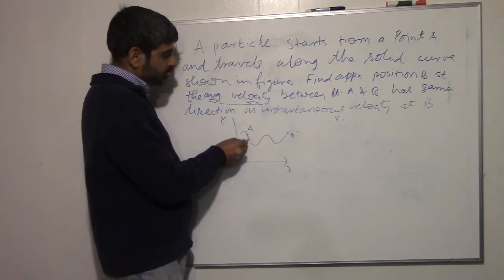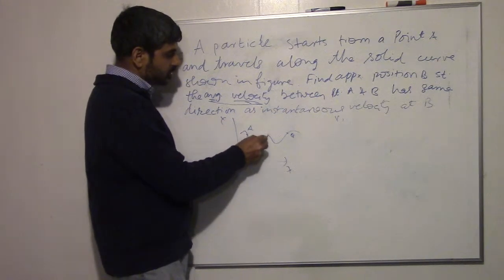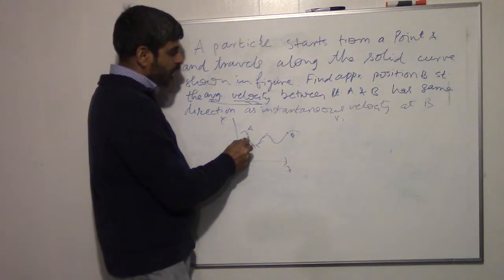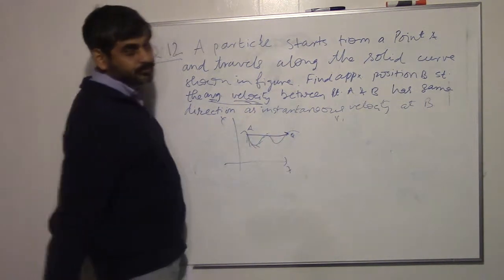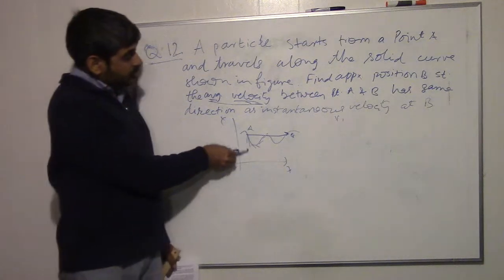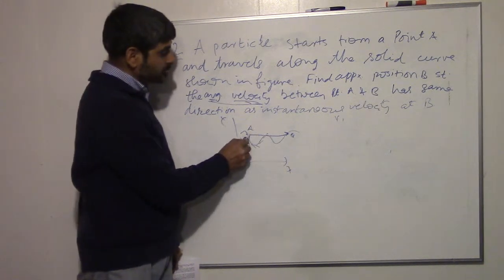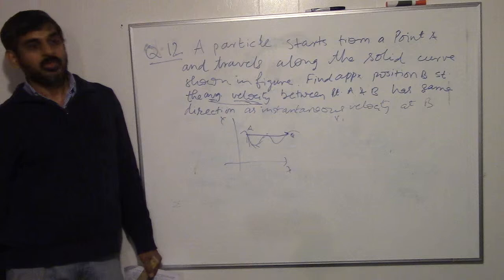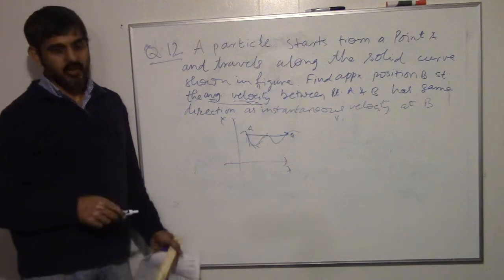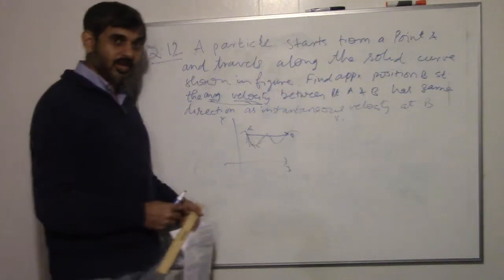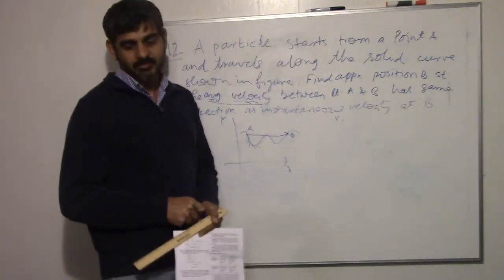You take this direction, this direction, this direction, and take the average of these. Then you find that the direction of the average velocity is the same as the direction of the line joining A and B.